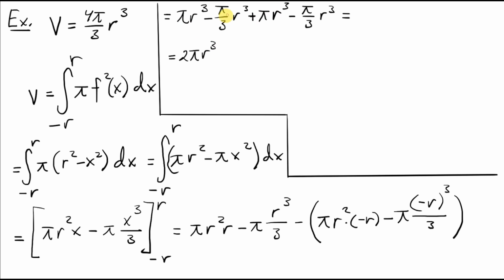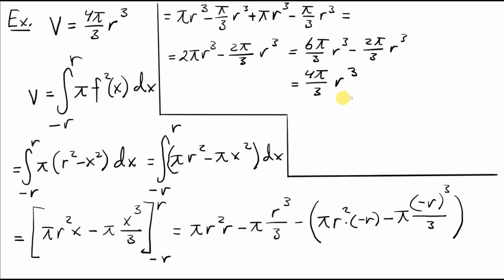Taking these two together and these two together, and then changing this into thirds, we see that we have arrived at the volume formula for a sphere or a ball.